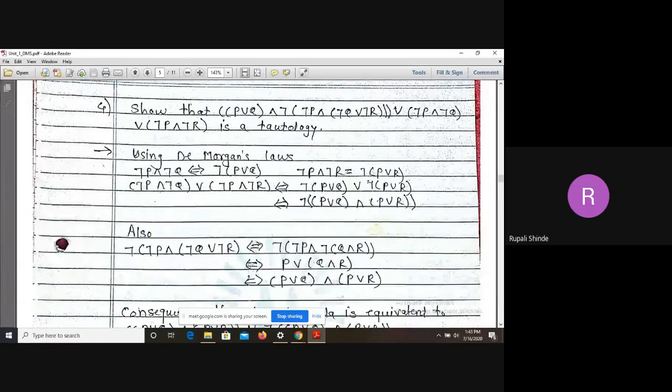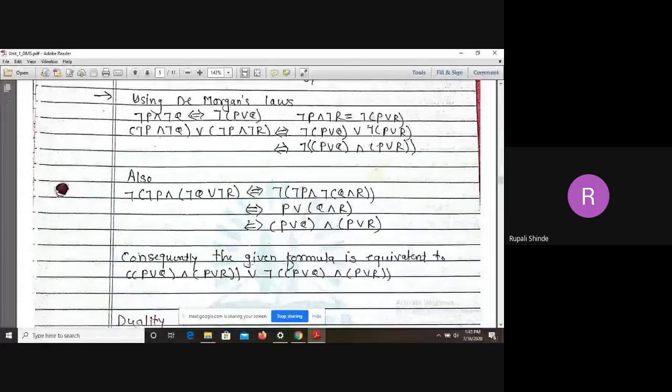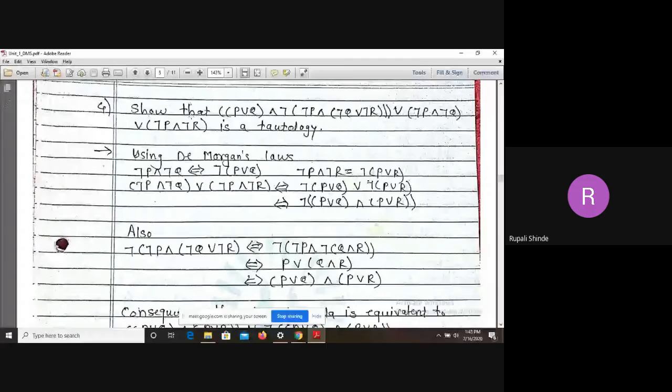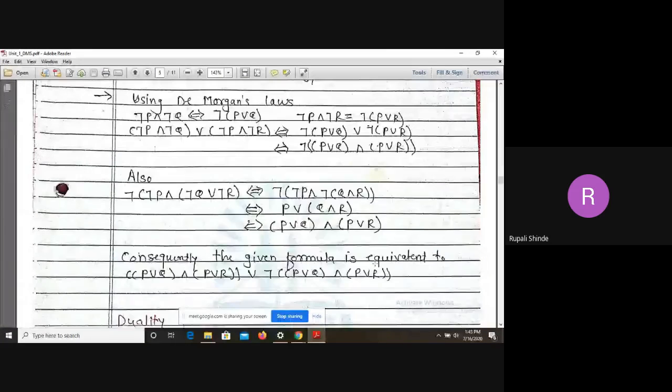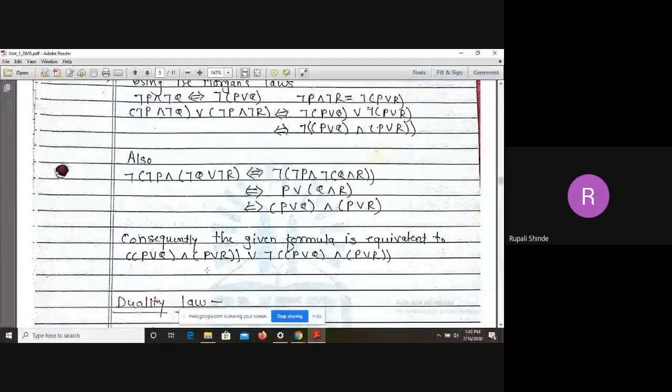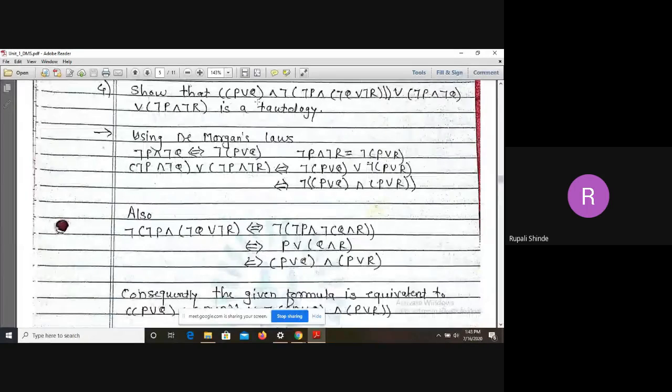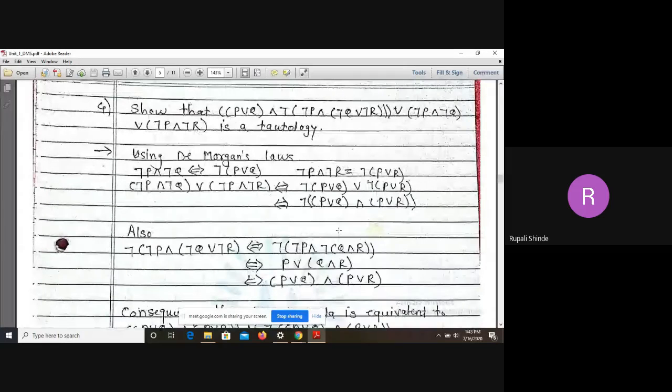Here, if you observe this whole term, for this P or Q, we can keep this term as it is as P or Q. Again for the second term, we have got the simplified form as P or Q and P or R. So we put here P or Q and P or R. So again the first term is P or Q and the second term is P or Q and P or R.